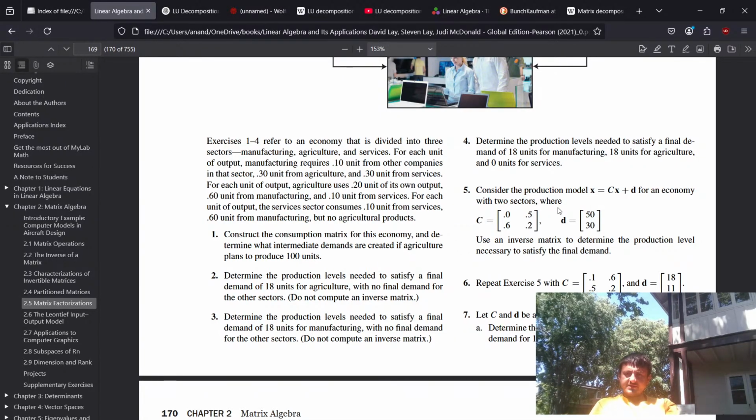All right, number 5. Consider the production model with two sectors.